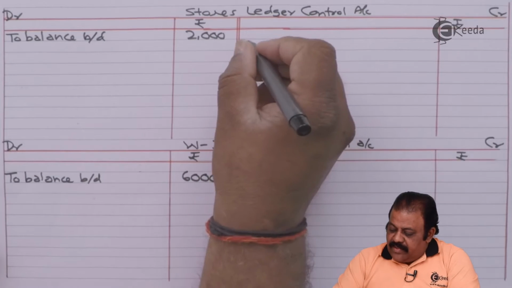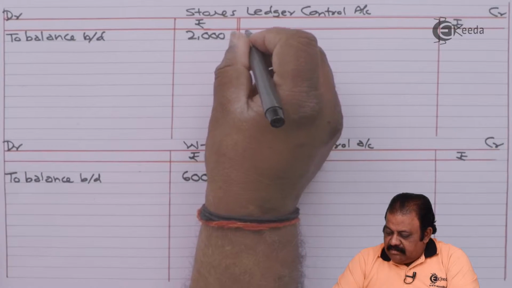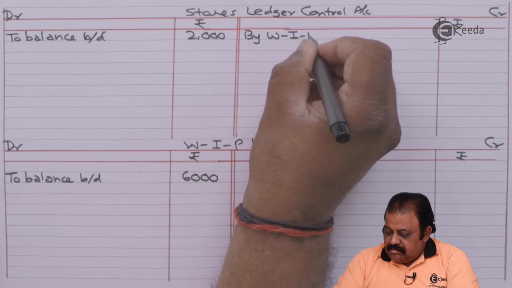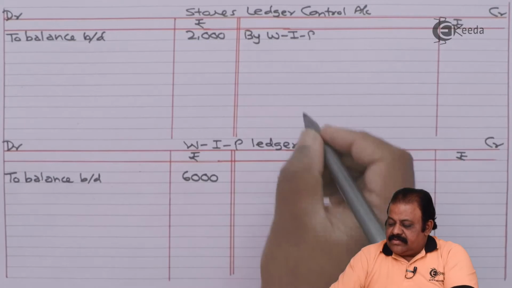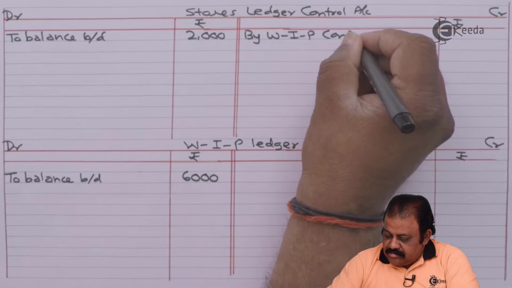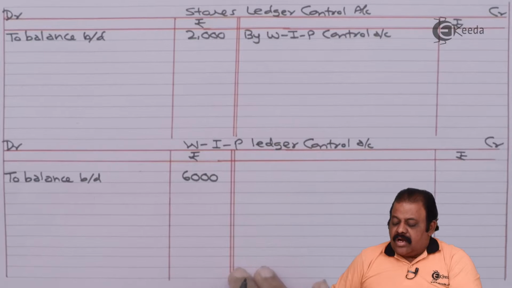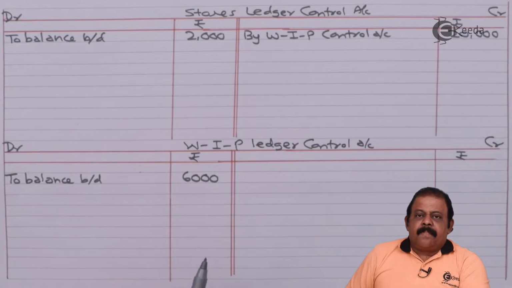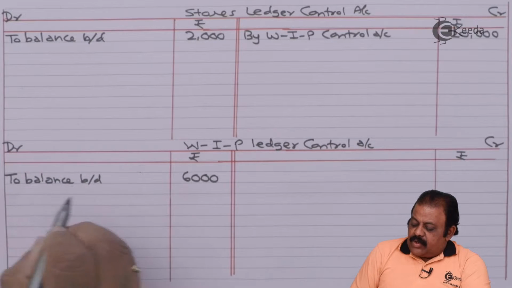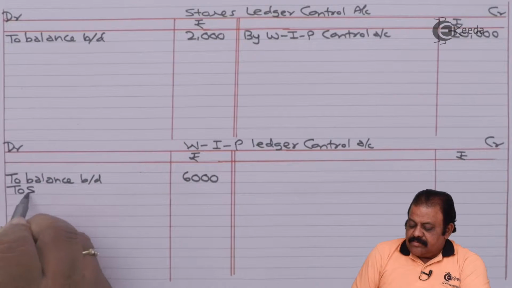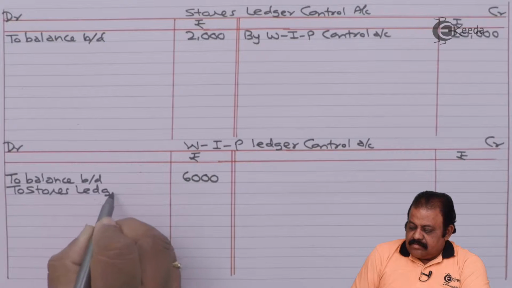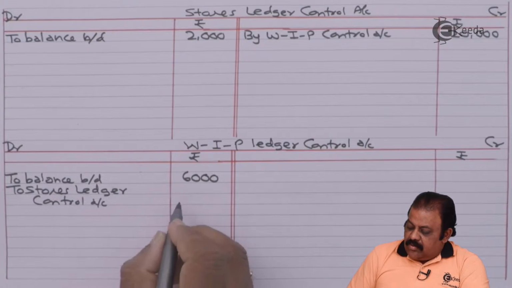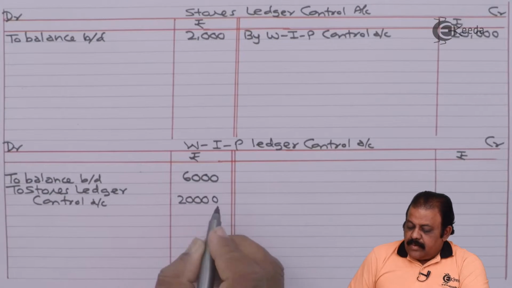Direct materials 20,000 will be credited to stores ledger control account as by work in progress 20,000. This will be debited to work in progress, to stores ledger control account 20,000.